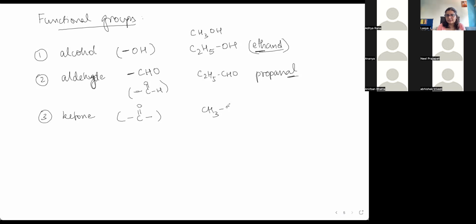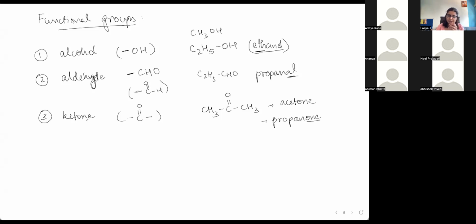The smallest ketone is this. Its common name is acetone. This is your nail polish remover, by the way. If any of you have used or seen nail polish removers, you've got acetone there. Its proper IUPAC name is propanone.